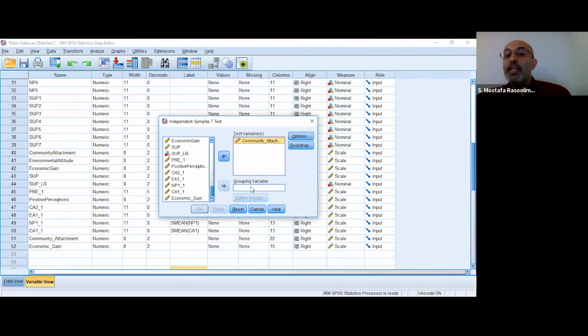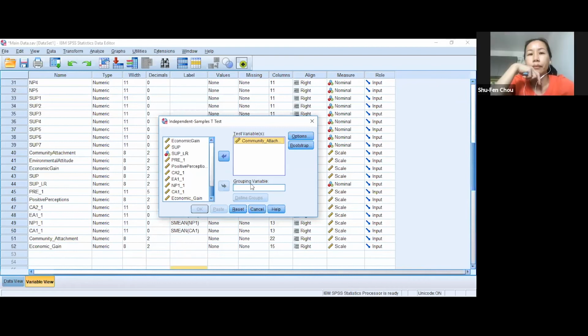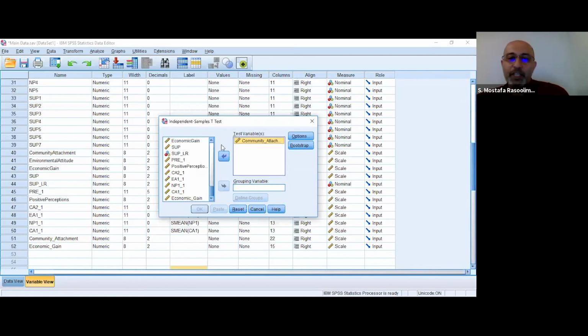But here we need a grouping variable. We have another variable here, the independent variable. This variable is a dichotomous variable with two groups, right? Here, the variable is gender, including male and female. So we transfer gender here.